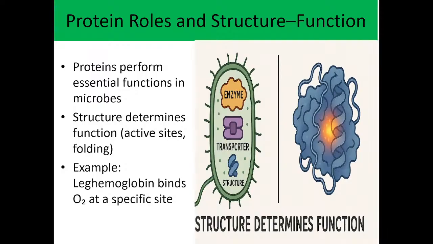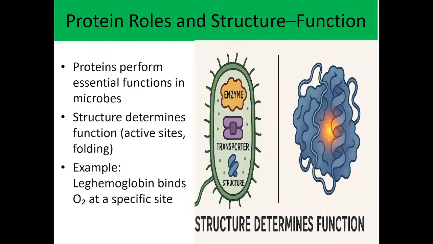So as you have it on the screen, you will see that inside a typical bacterial cell, you have the enzyme and you have the transporter. Whenever you have any protein, it will perform any of these three functions, or it can perform all three.